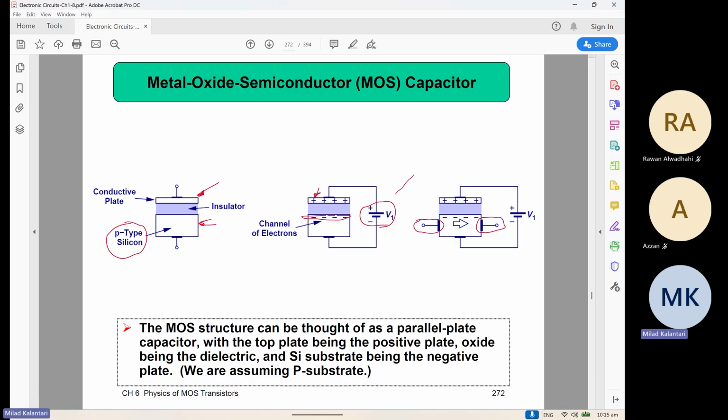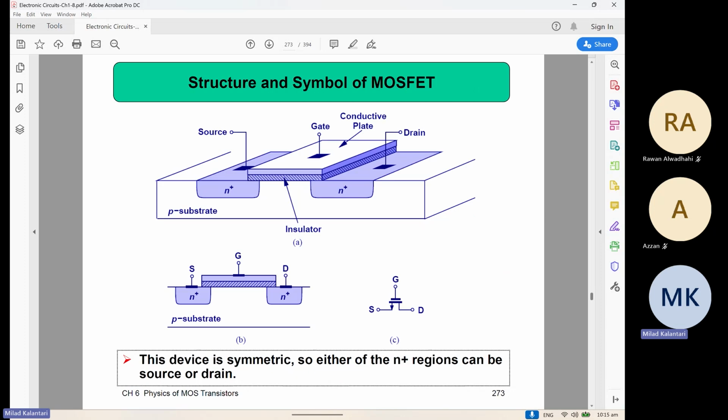But once you apply this V1, you are trying to attract some free electrons at the interface of the capacitor, and then if you apply some voltage around here, now this free electron layer at the interface can conduct. This is the way that the MOSFET device basically works.